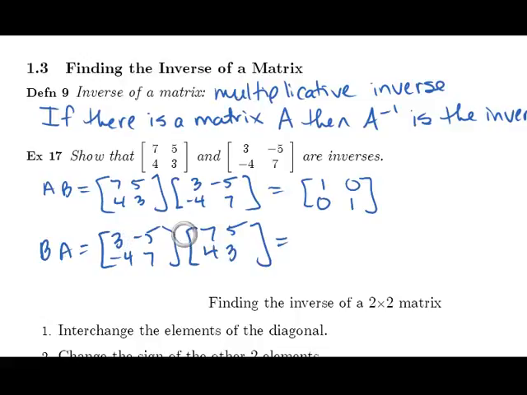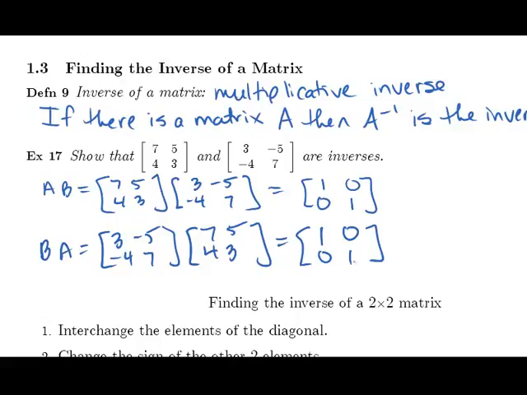Again, if we go through, 3 times 7 is 21, -5 and 4 is 20, so we end up with that 1. 3 times 5 is 15, -5 and 3 is -15, so we've got 0. -4 times 7 is 28, 7 times 4 is +28, and then we've got -4 times 5 is -20, 7 times 3 is 21, so we have again the identity matrix. So in this case, these two are inverses.